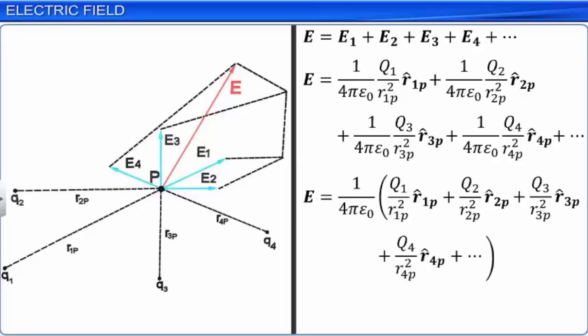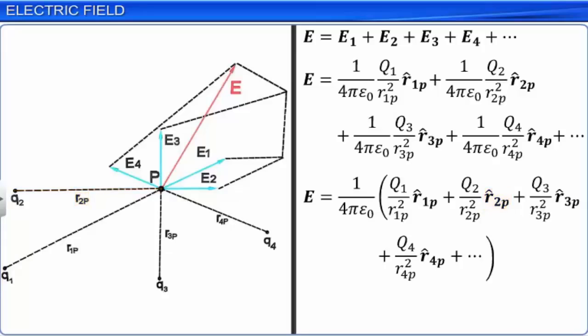Here, R1P is the distance from Q1 to P, and R1P cap is the unit vector in the direction of Q1 to P. R2P is the distance from Q2 to P, and R2P cap is the unit vector in the direction of Q2 to P, and so on.